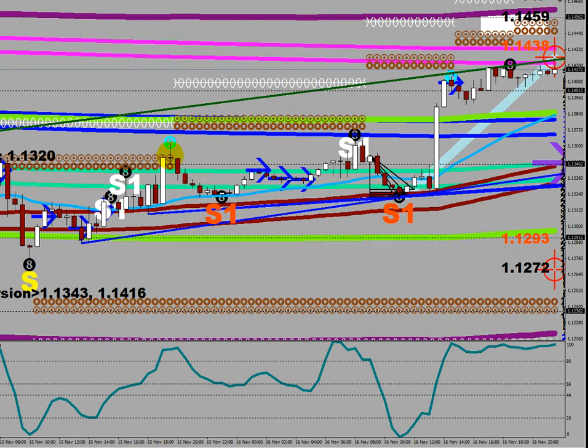So what do you do? You buy the pullback, and then what happens? There is a thrust that misses the forest, and the move could be over here, but it isn't, because they come in and buy it up yet again to make another run for it.